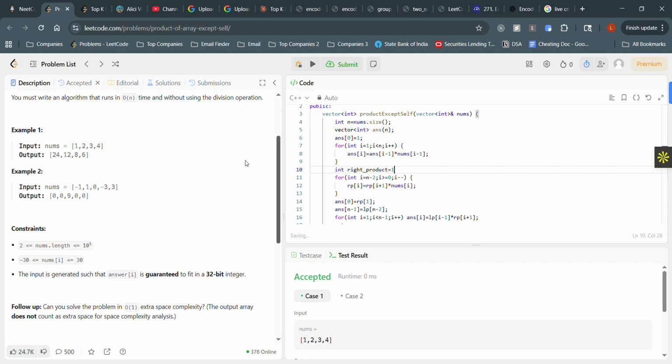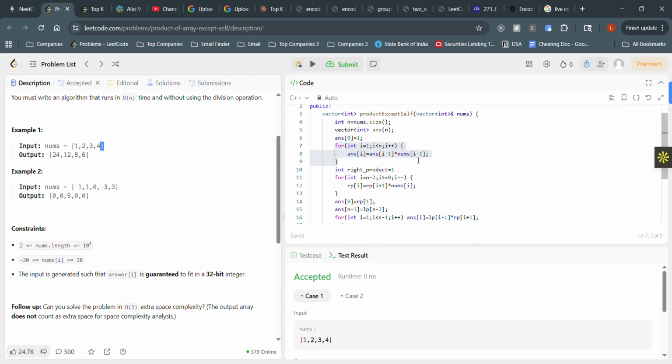Okay. Now let's come to this example again. For this 4, what should have been the answer? Because it doesn't have any right product, the answer should be just its left product, which is 6, right? So according to this code here, current value of answer of 3, which is pointing to this 4, is already 6.